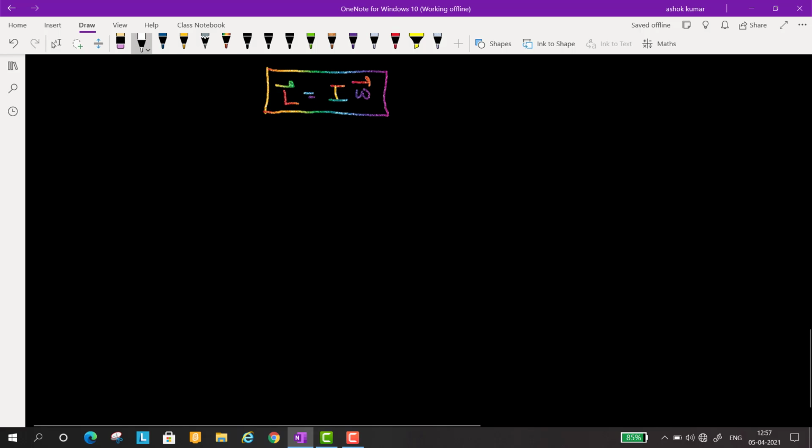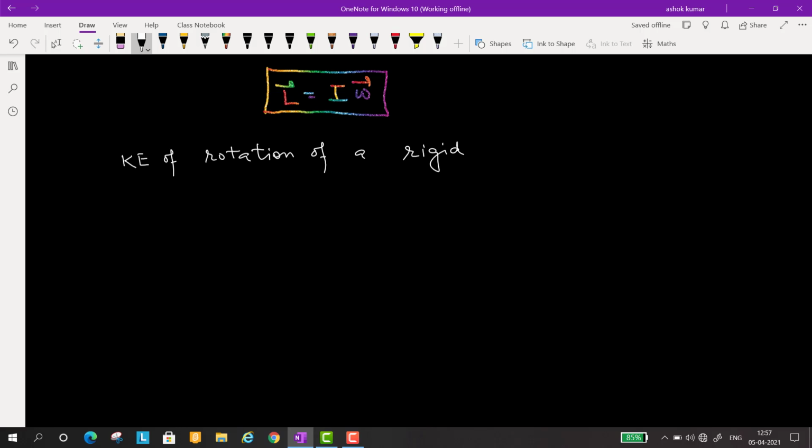So continuing with the second part, we will try to find the expression for kinetic energy of rotation of a rigid body about z-axis. So for the same body that we are dealing with, now we try to calculate the total kinetic energy.